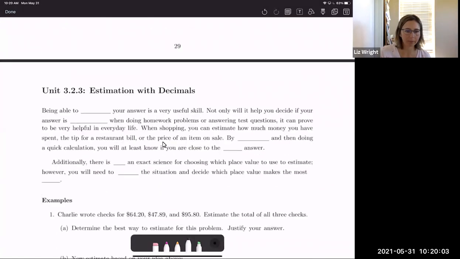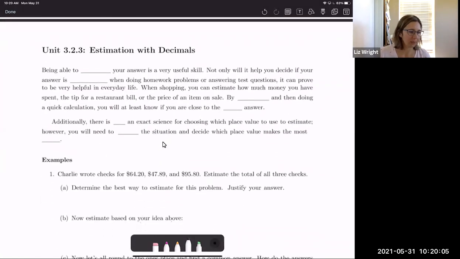Here we go. So estimation with decimals, being able to estimate is our first blank. Being able to estimate your answer is a very useful skill. Not only will it help you decide if your answer is reasonable, which is very true, when doing homework problems or answering test questions, but it can prove to be very helpful in everyday life as well.